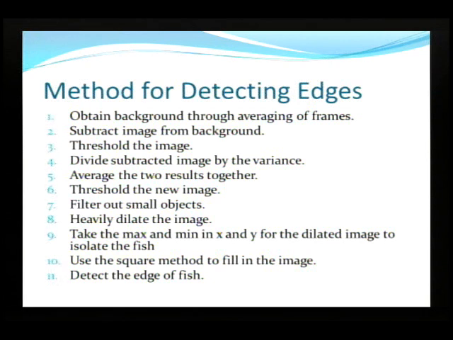After that, I filtered out all the small objects and then heavily dilated the image and took the max and min of the x and y coordinates from each of the fish to isolate them. After I isolated each of the fish, I used a square method to fill the image, and then I detected the edges of the fish.